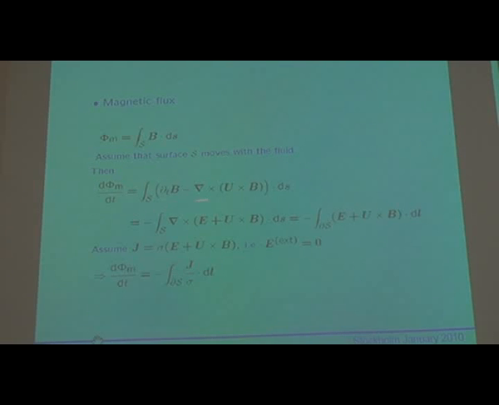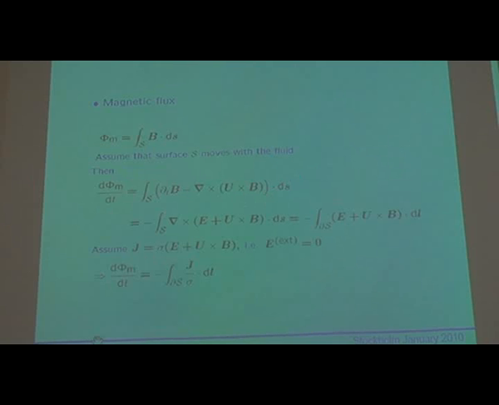You can derive this relation: dΦ/dt is equal to this integral. This is the time variation of B, and this is the effect of motion. This uses only divergence B equal to 0. It has otherwise nothing to do with specific properties of the magnetic field.